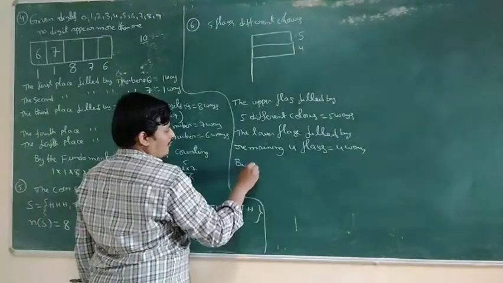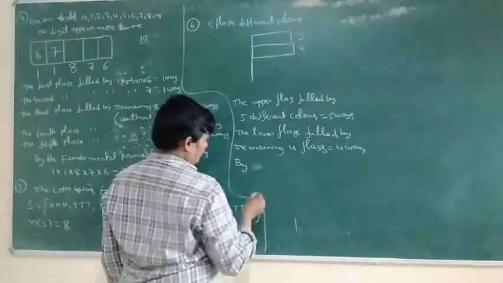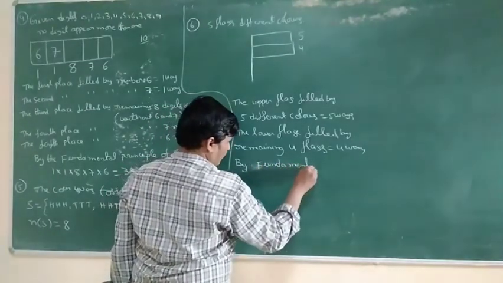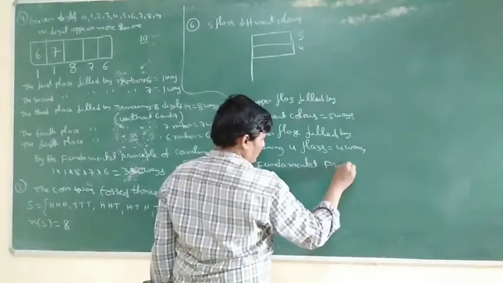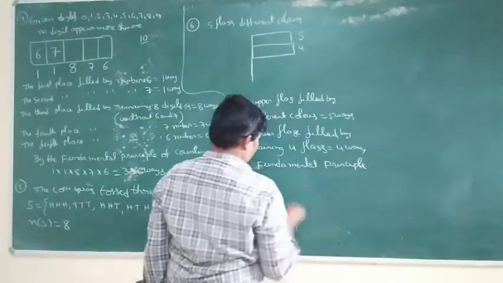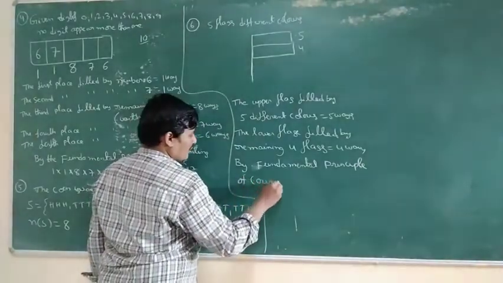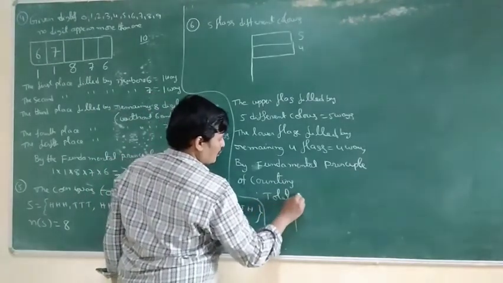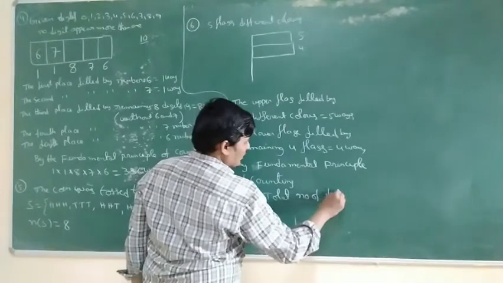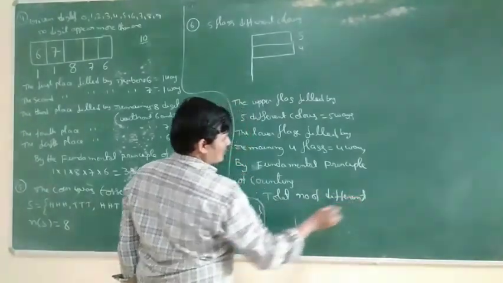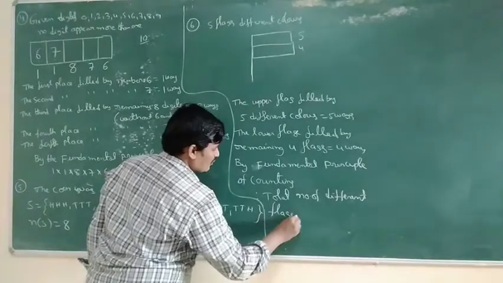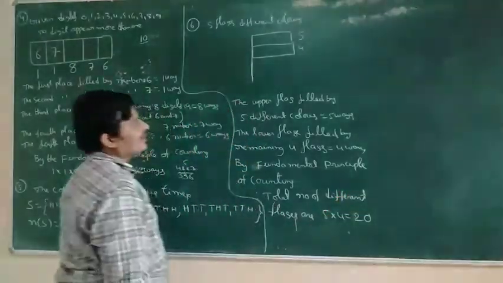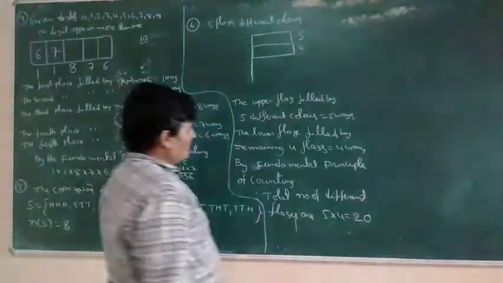By the fundamental principle of counting, the total number of different flags is 5 into 4, which is equal to 20 flags. Okay, clear?